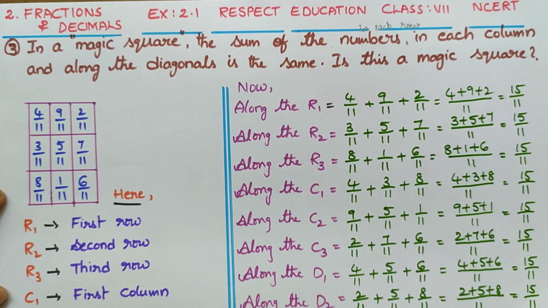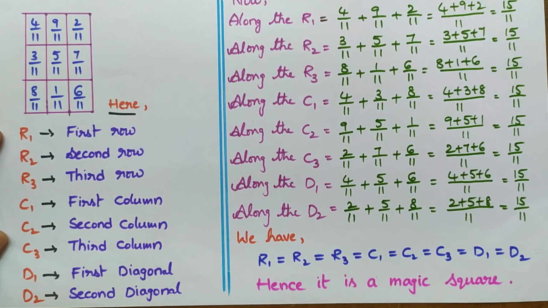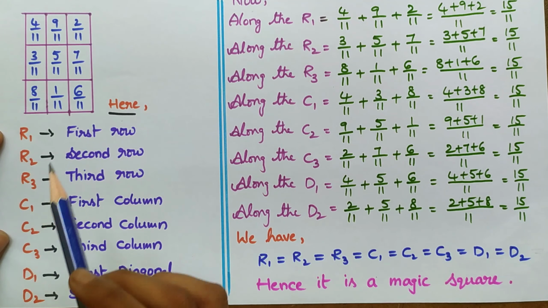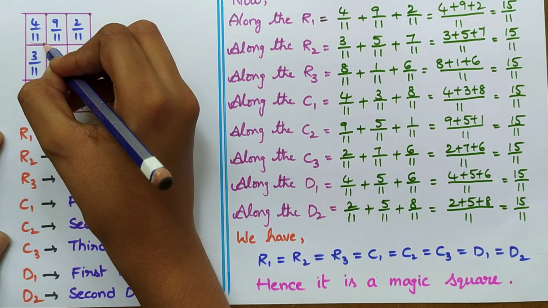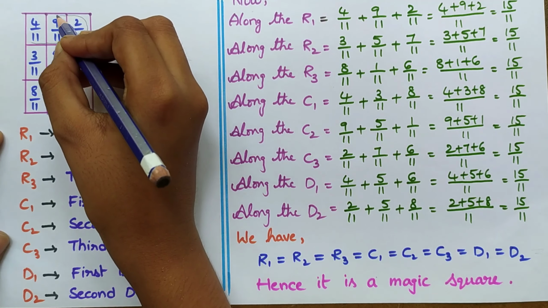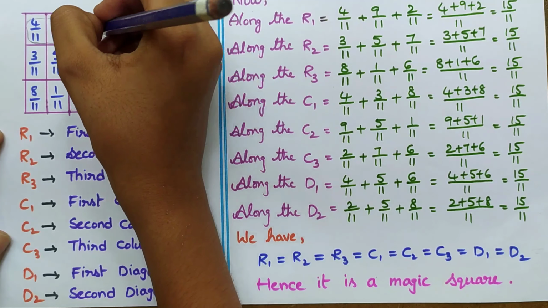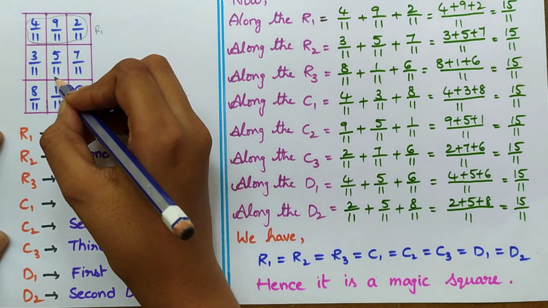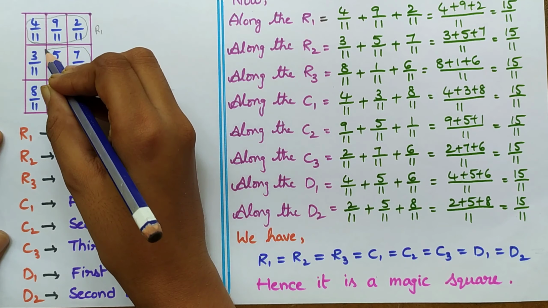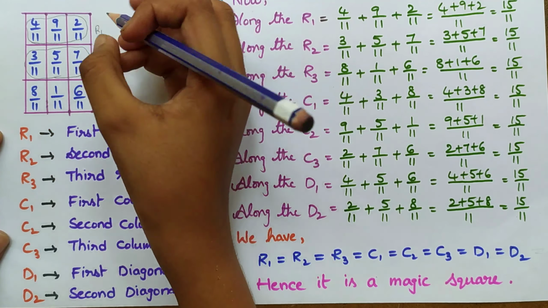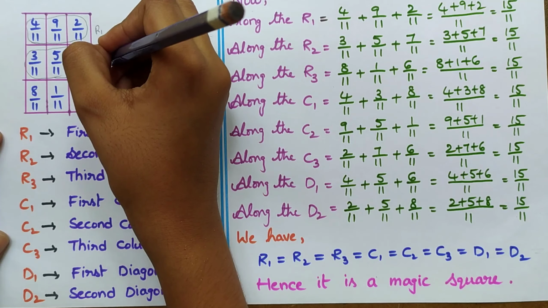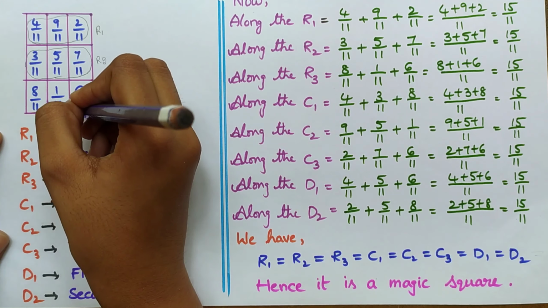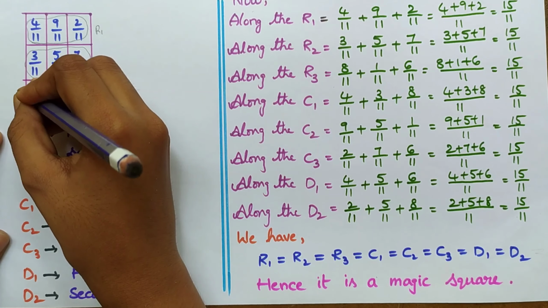Now let us verify if this square is a magic square. Okay friends, see here. This is R1, that means row 1, and this is row 2 and this one is row 3.